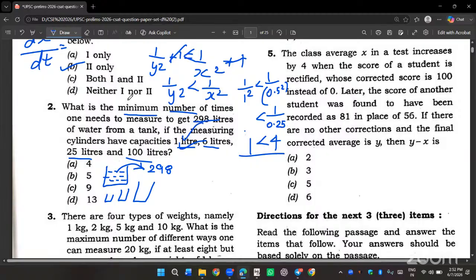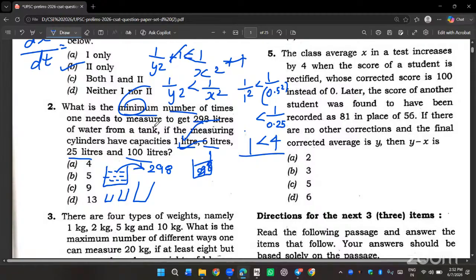Minimum can be converted into maximum. If they ask the question as maximum number of times, then the 1 liter cylinder can be used 298 times to take 298 liters of water.